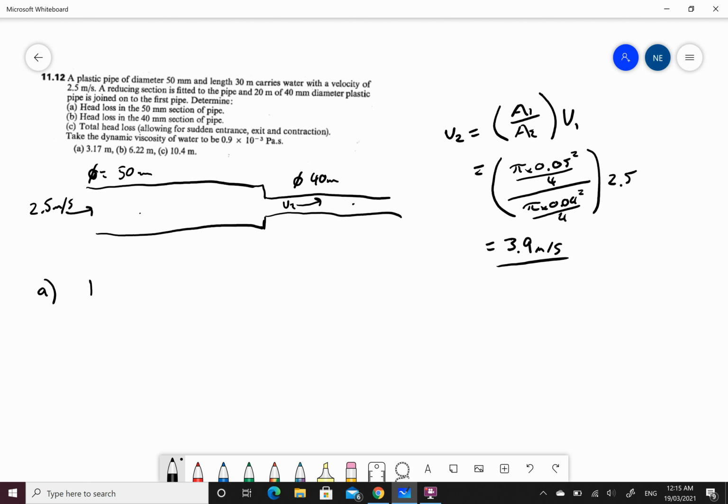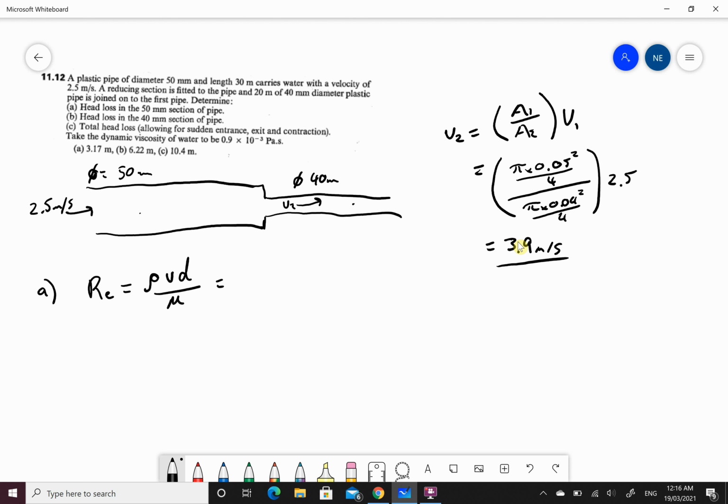I need to work through my Reynolds number, which is rho velocity diameter divided by viscosity. Got the viscosity here.